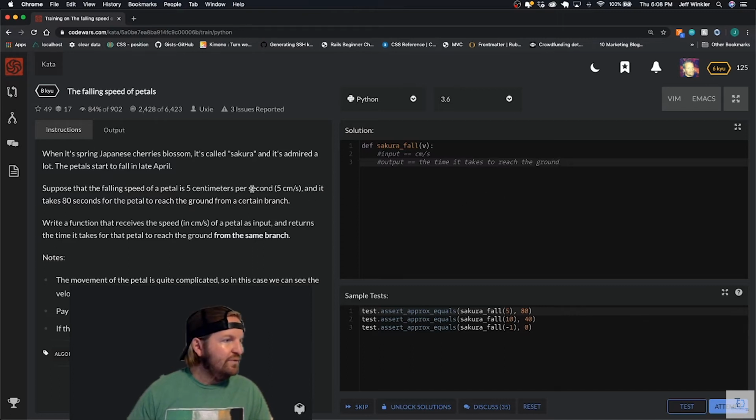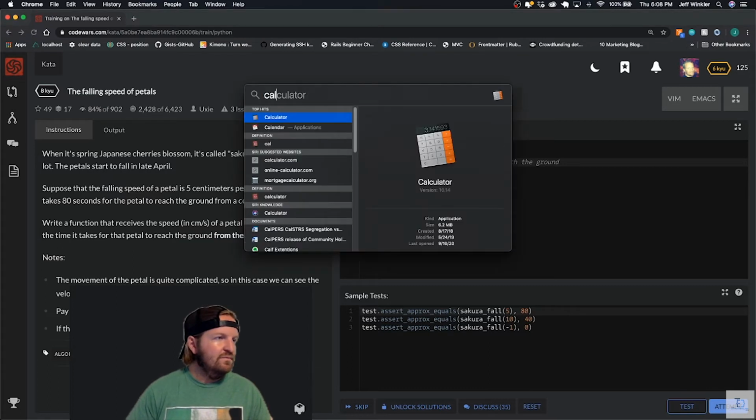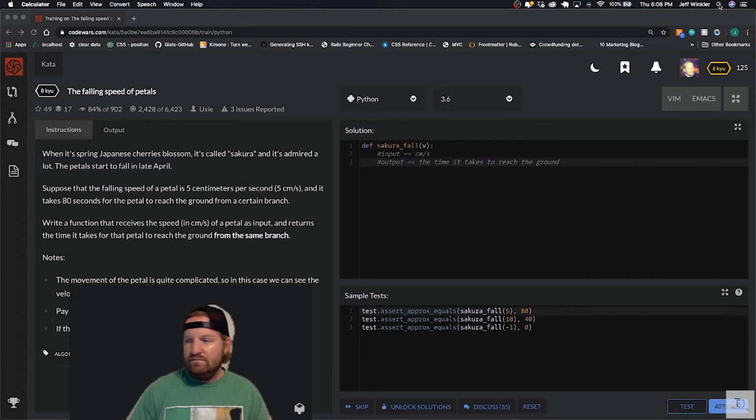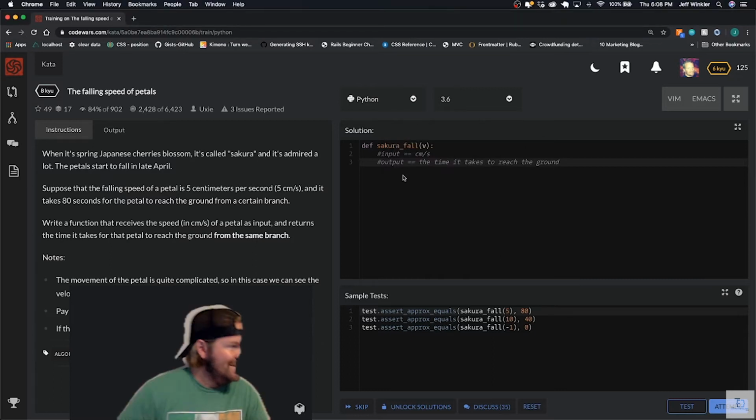We know the speed is 5 centimeters a second, and it takes 80 seconds for the petal, so that's 16, I think. 16 times 5. Okay, cool. You can never be too sure.